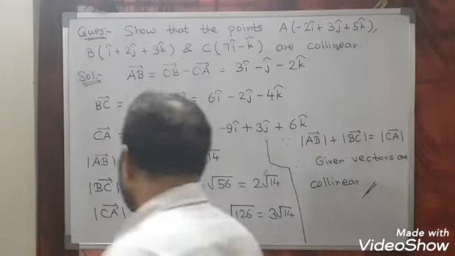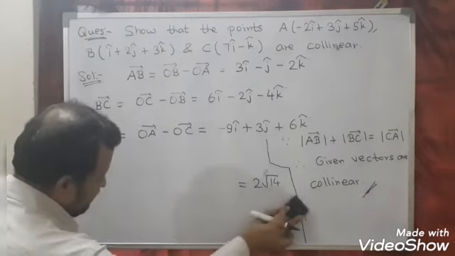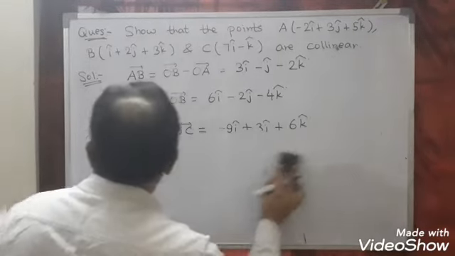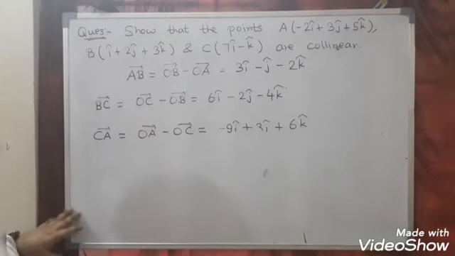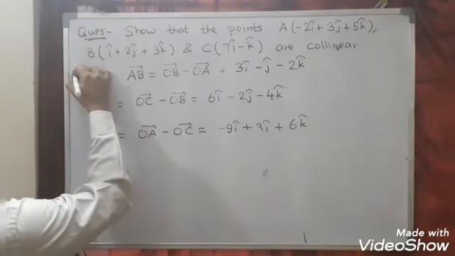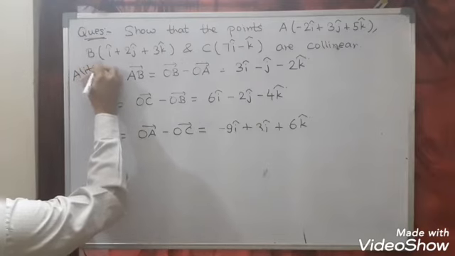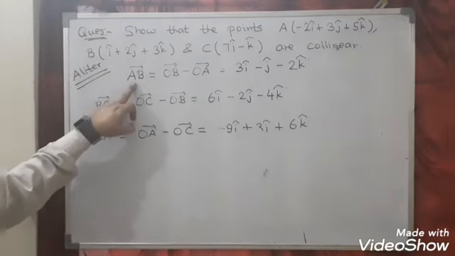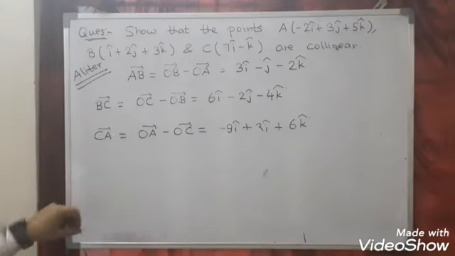One more method is there, very simple. Let us see that also. Everything is the same only. Here we can say alternate solution. Same only. We found the AB vector, the BC vector, and the CA vector.